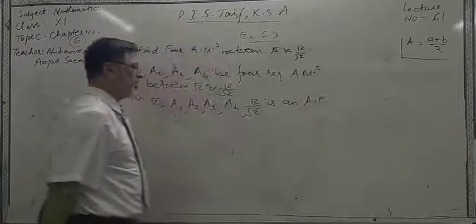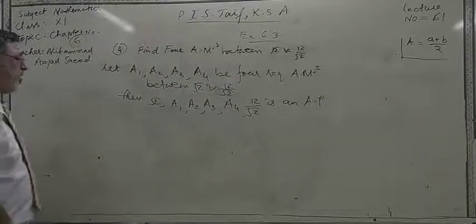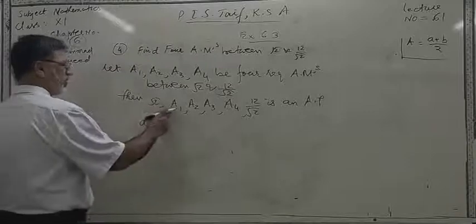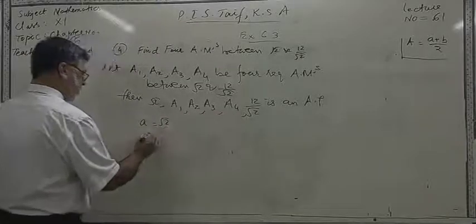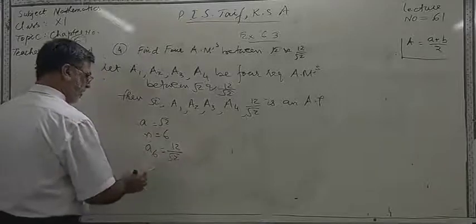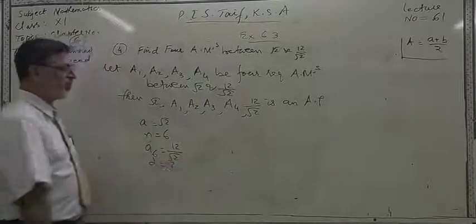This is an arithmetic progression. What about A? A is equal to root 2. Counting 1, 2, 3, 4, 5, 6, so n is equal to 6 and A6 is equal to 12 over root 2. We have to find the value of D.